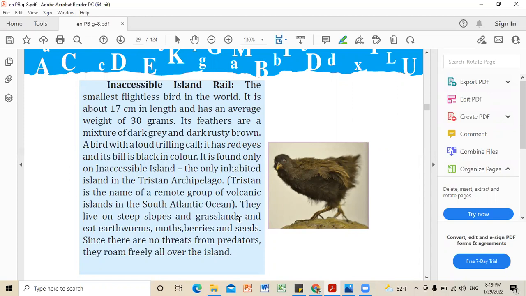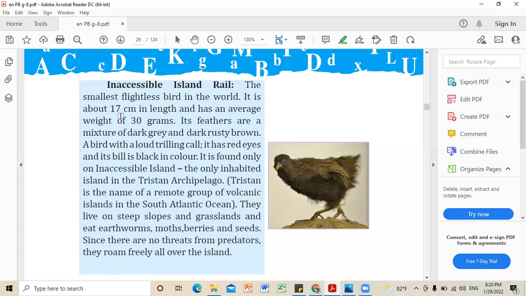Inaccessible island rail. The smallest flightless bird in the world. It is about 17 centimeters in length and has an average weight of 30 grams.